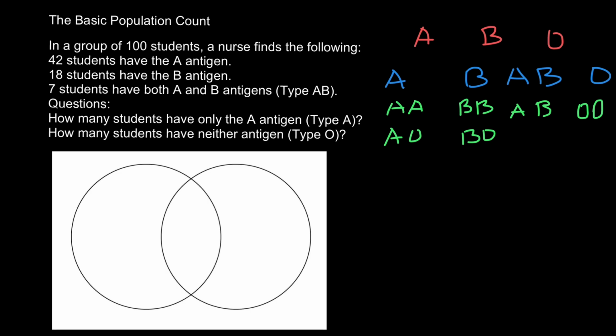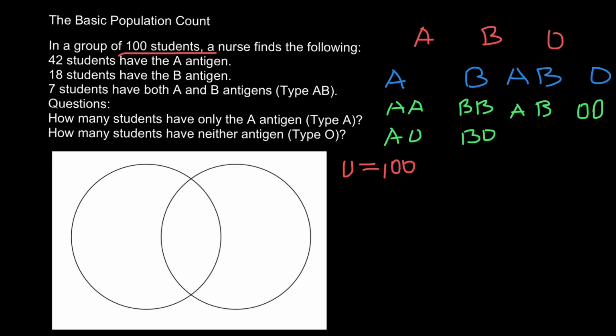So what we know about the problem is that we have a group of 100 students. So we put U equal to 100, which is going to be our sample space. All sectors inside this square equal 100, and each sector represents certain alleles and genotypes. 42 students have A antigen.